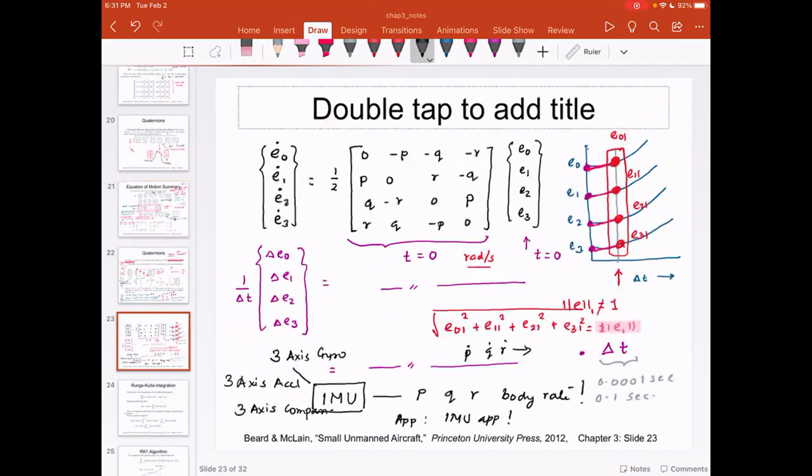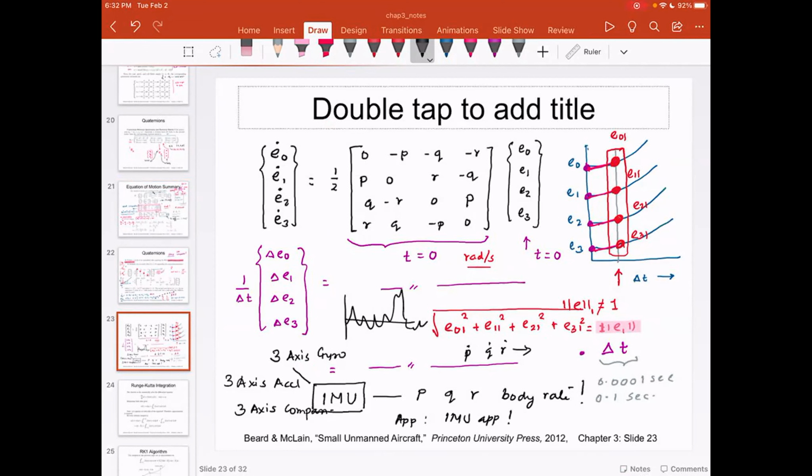Okay, so PQR are the angular rates. To answer Borna's question completely, please understand that the gyros, accelerometers, and compass are noisy. So you're not going to get a very clean measurement. So what we do is we use filters, and we'll talk about low pass and high pass filters. And then we do something known as sensor fusion.